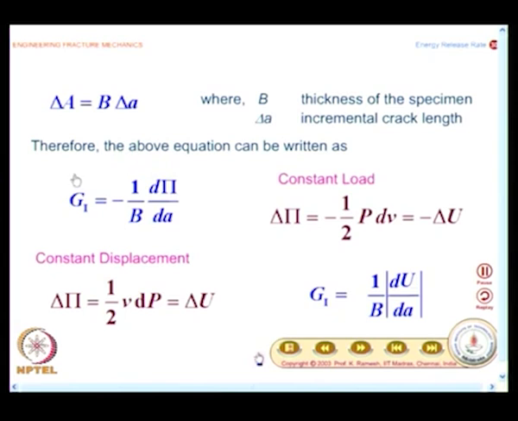Either you can look at it in terms of potential energy, or you can also look at it in terms of the strain energy. By looking at the second expression, people also called it as strain energy release rate, but that is not a generic definition.